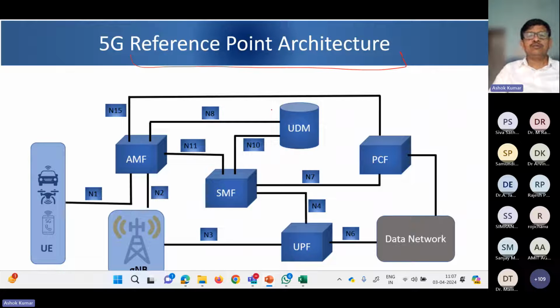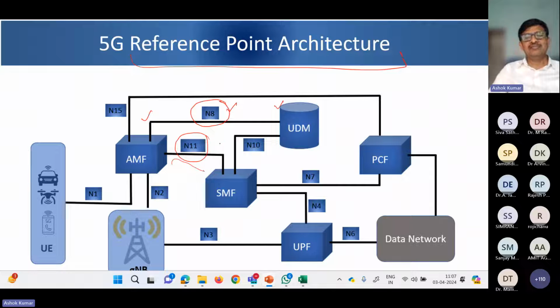When we talk about reference point architecture, between any 2 nodes, like a pair of nodes, there is a specific interface, like from AMF, access and mobility function, to unified data management. The name of the interface is N8. Another example can be from SMF to AMF. Between this pair, I have an interface of N11.